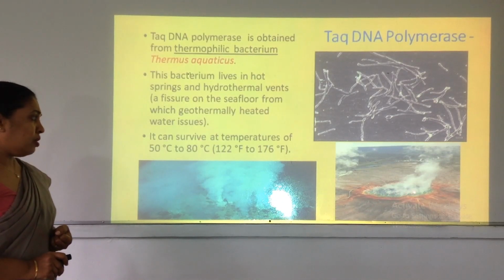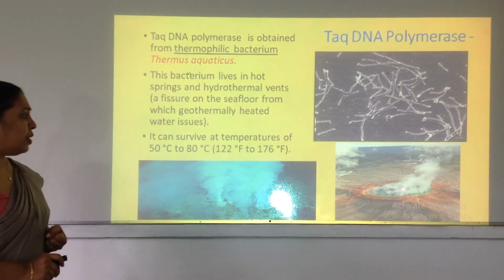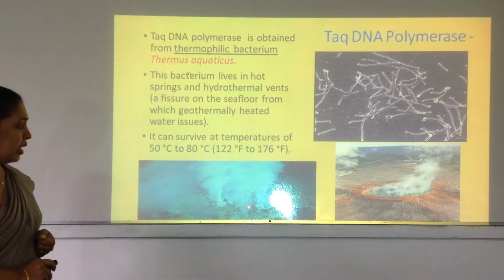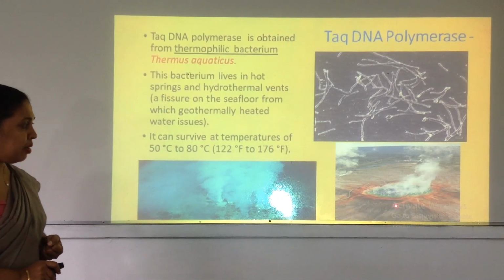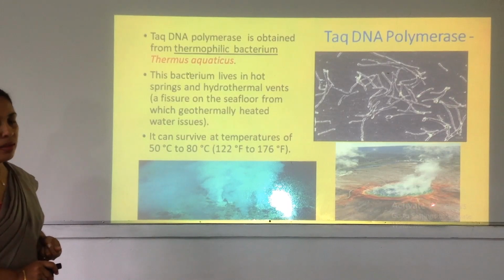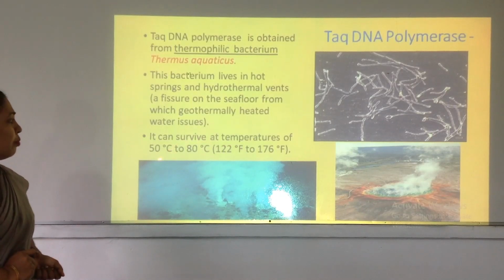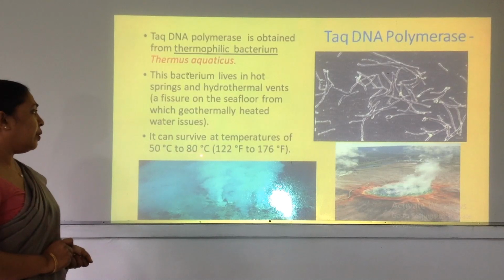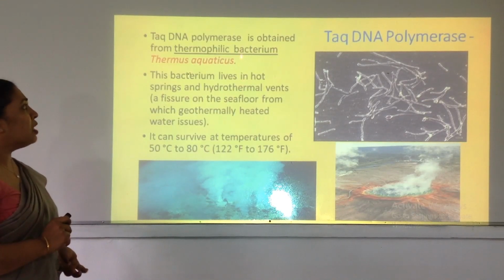When it comes to the surface of the land, the temperature drops a little bit, but all these volcanic peaks and hot water springs usually have a higher temperature at the bottom because it is connected to the core of the earth. So the temperature is 50 degrees Celsius to 80 degrees Celsius. These bacteria can survive in that.